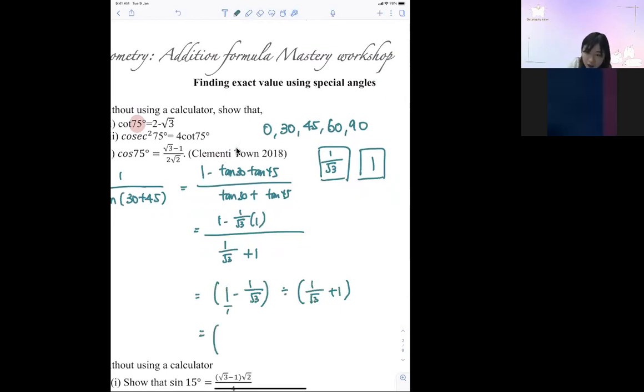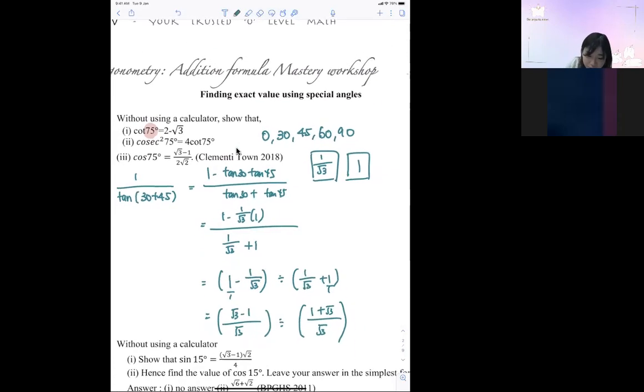Why? Because we want to change these two into 1. So square root 3 minus 1 over square root 3, divide by 1 plus square root 3 over square root 3. So far, okay?